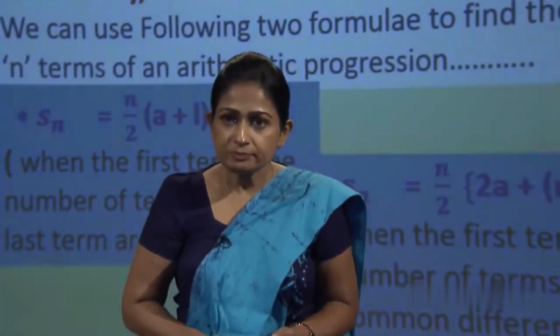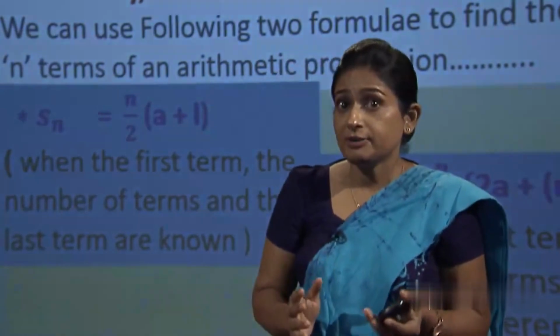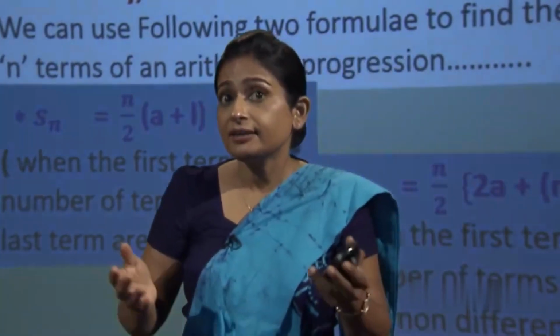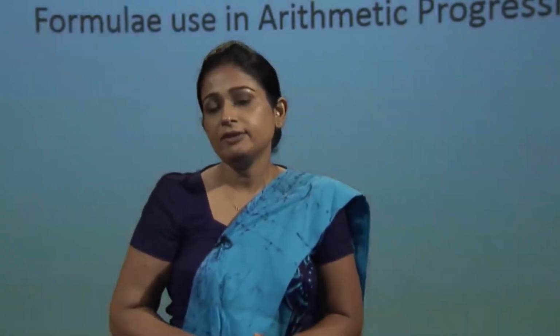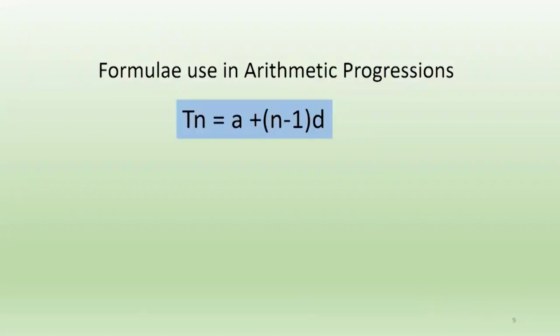Okay, then here I am going to revise the formulae we studied under this lesson. What are the formulae we have studied under arithmetic progressions? Only 3 formulae. First, Tn equals a plus (n minus 1)d.